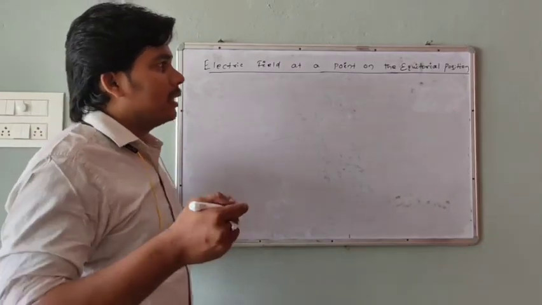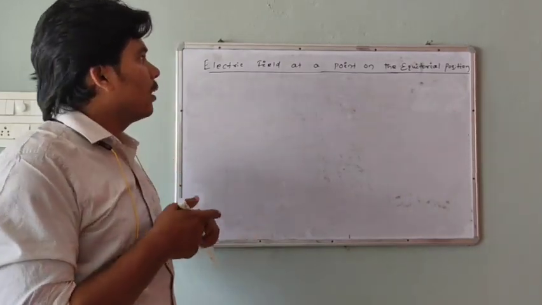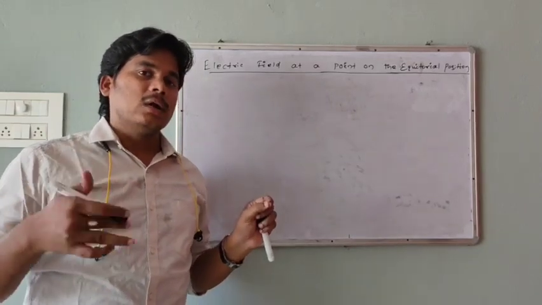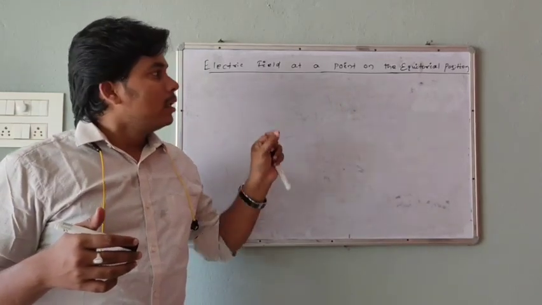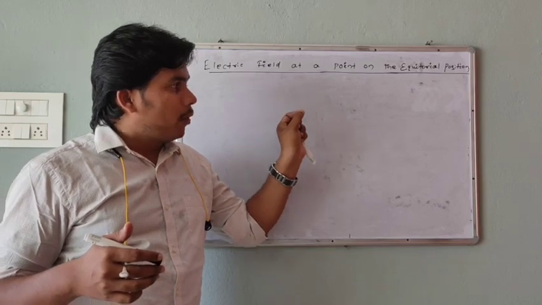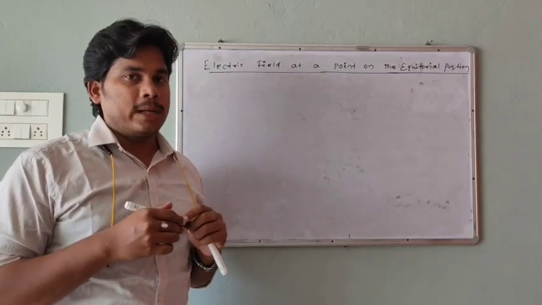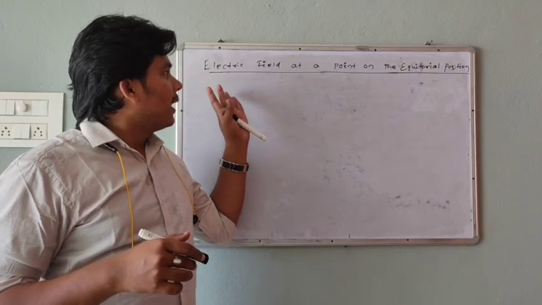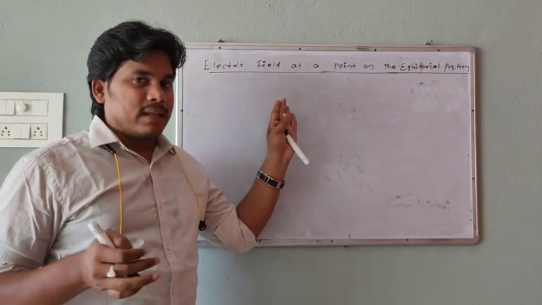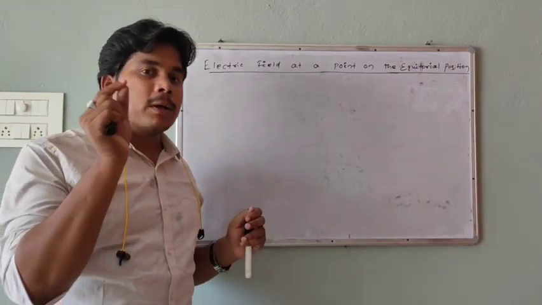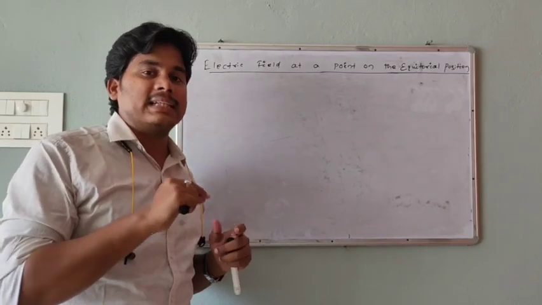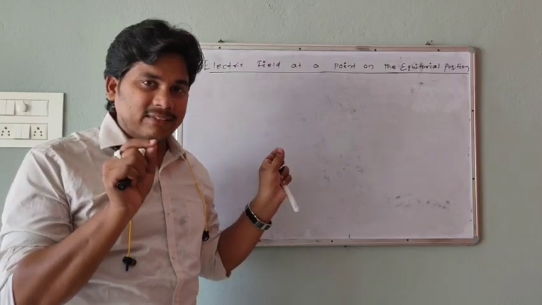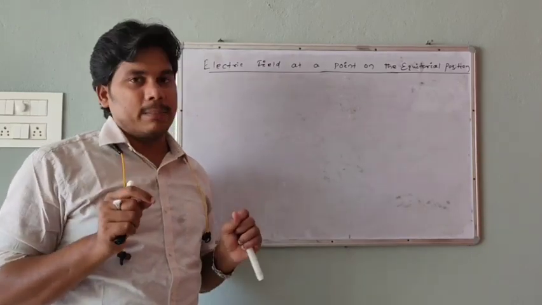The question is: what is the electric field at a point on the equatorial position? Other questions may be: what is the electric field at a point on the broadside-on position, or find the electric field intensity at a point on the perpendicular bisector of the electric dipole. This means we are finding the electric field due to an electric dipole.